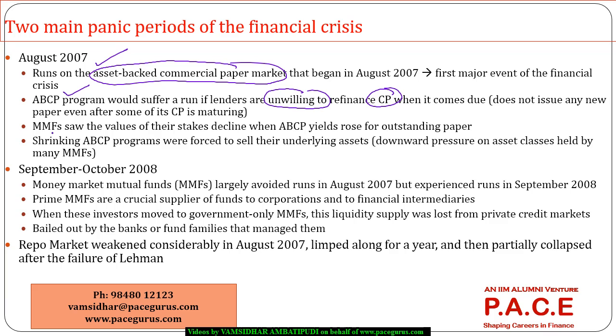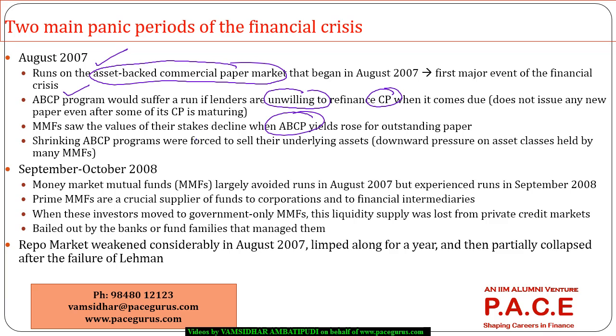The money market funds, their values were going down quite drastically. The asset-backed commercial paper yield was increasing higher and higher because there was a lot of unwillingness among the lenders. So even if they were lending, the lending rates were much higher, which resulted in the value of all the assets being held by the money market funds declining sharply.